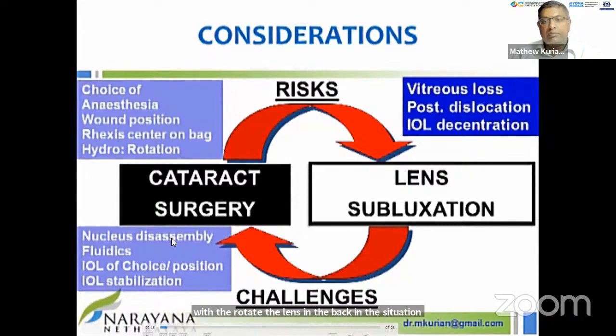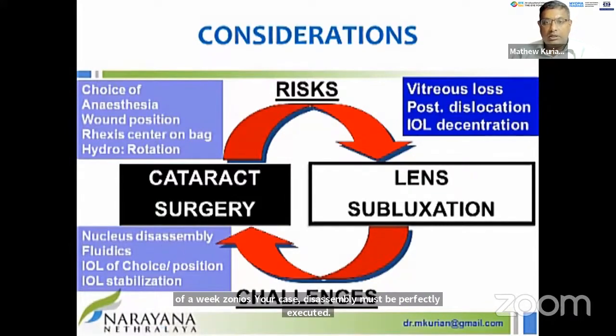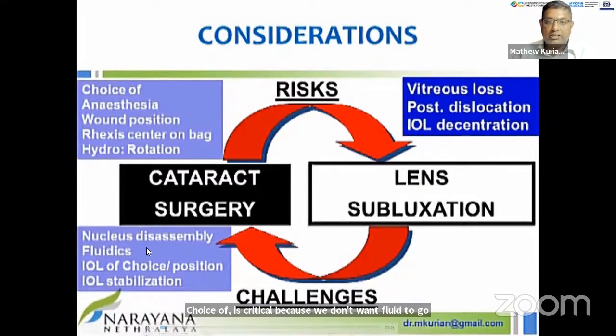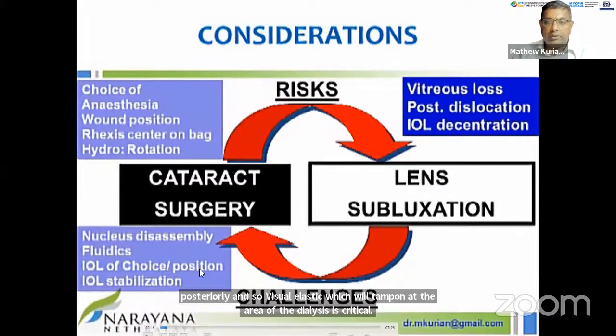Nucleus disassembly must be perfectly executed. Choice of fluidics is critical because we don't want fluid to go posteriorly, and so viscoelastic, which will tamponade the area of the dialysis, is critical.